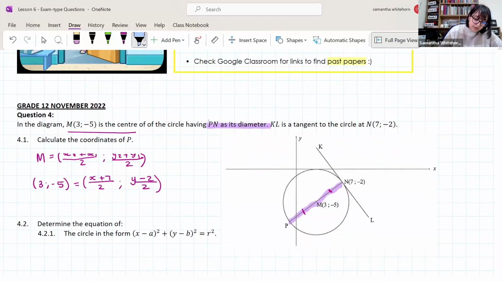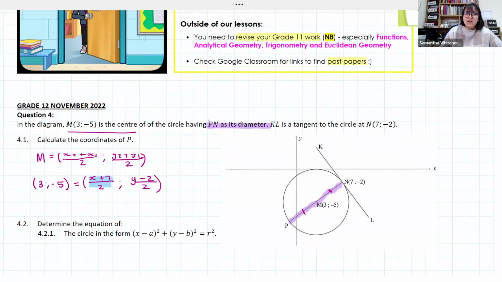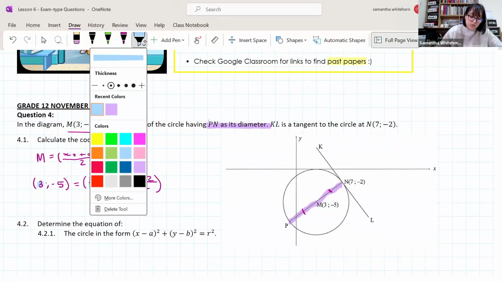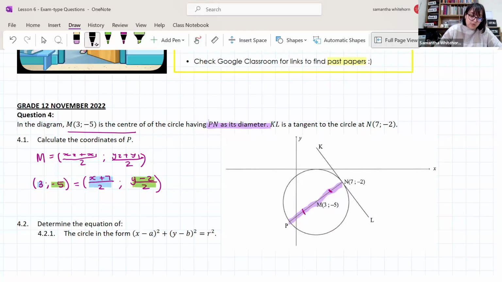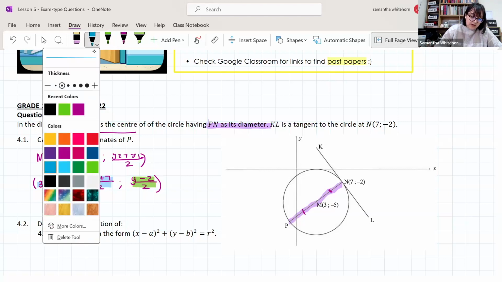So we know that this fraction, x plus 7 over 2, must be equal to 3 because those are both the x coordinates. And we know that this fraction, y minus 2 over 2, must be equal to -5. So this formula allows us to work with these two values separately.